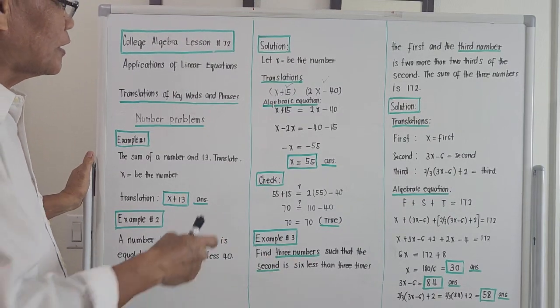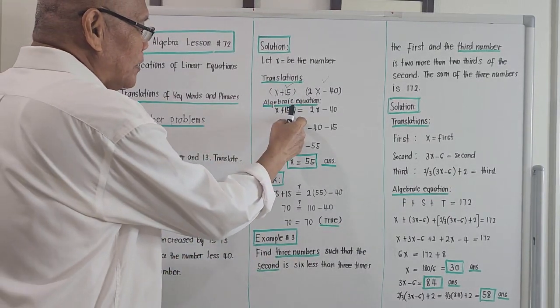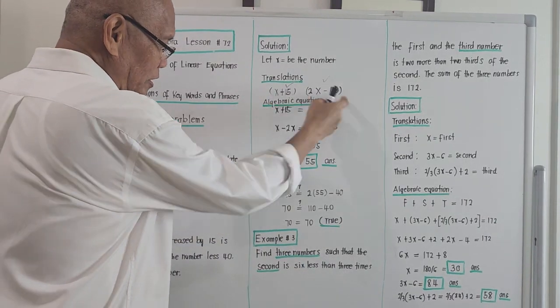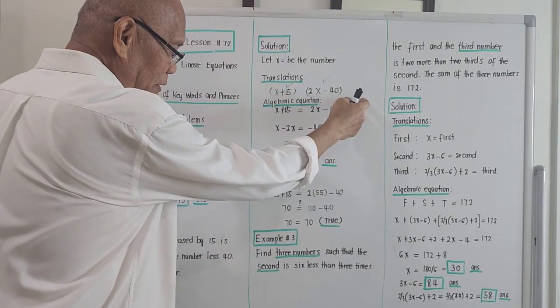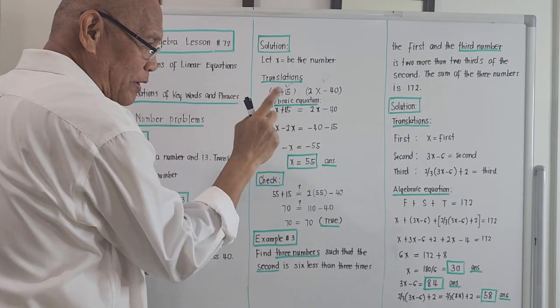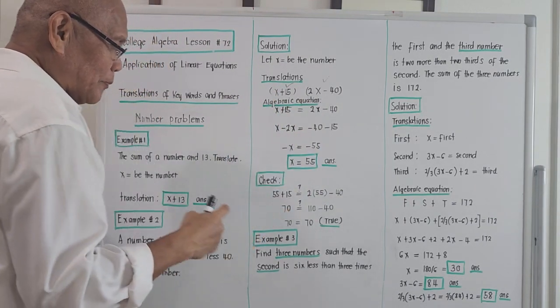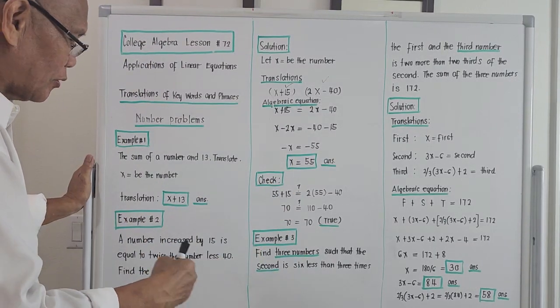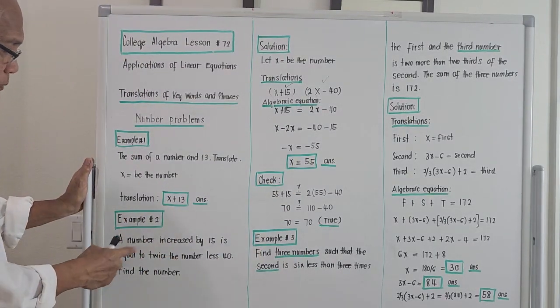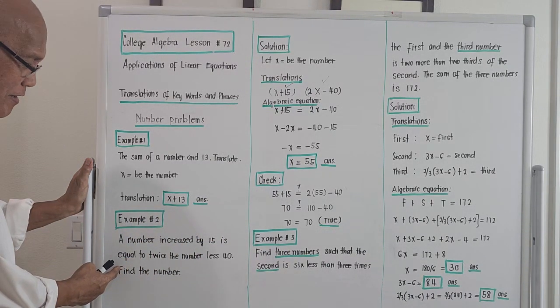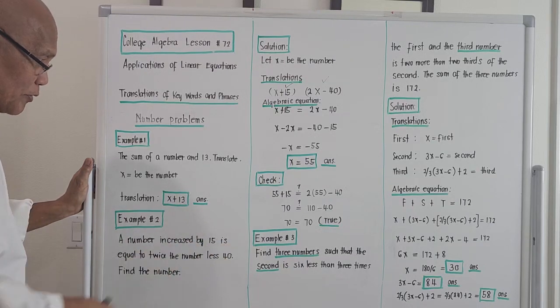Let's bring out the algebraic expression. We brought out these translations already, assuming we are correct, right? So if we bring out the algebraic expression needed to solve for the unknown, I will restate the problem. A number increased by 15 is equal, there's an equal word over here, is equal to twice the number less 40.